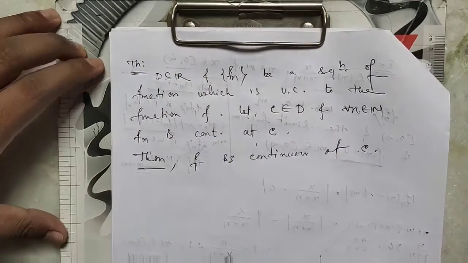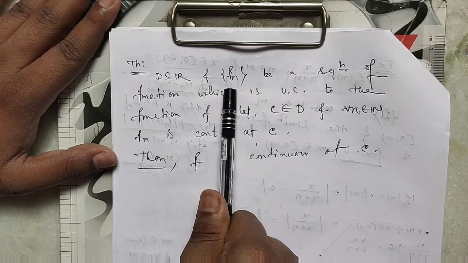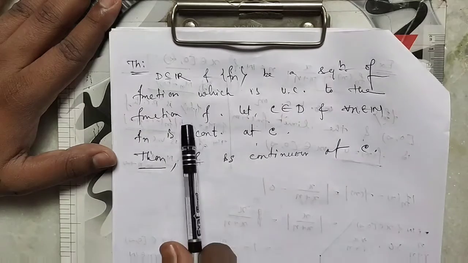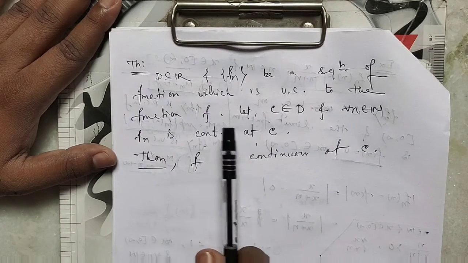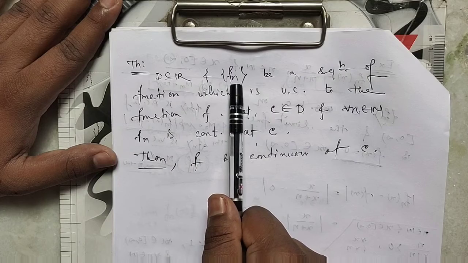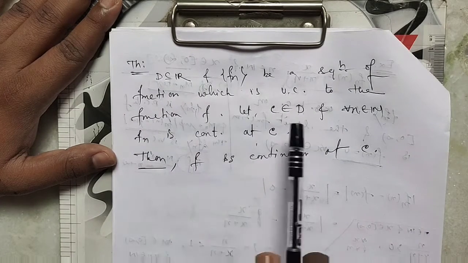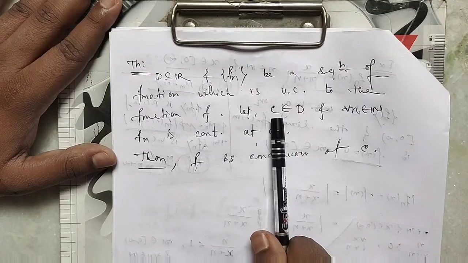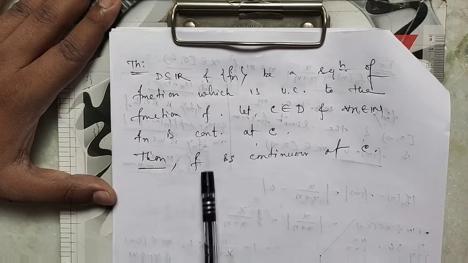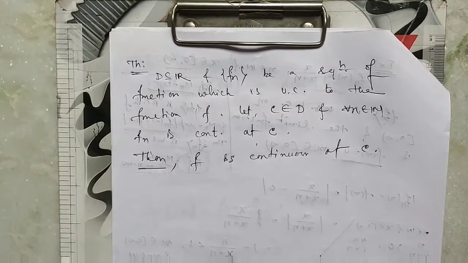So the theorem says that if fn is a sequence of functions which uniformly converges to f and every term is continuous at a point c in D, then the limit function is continuous at c.